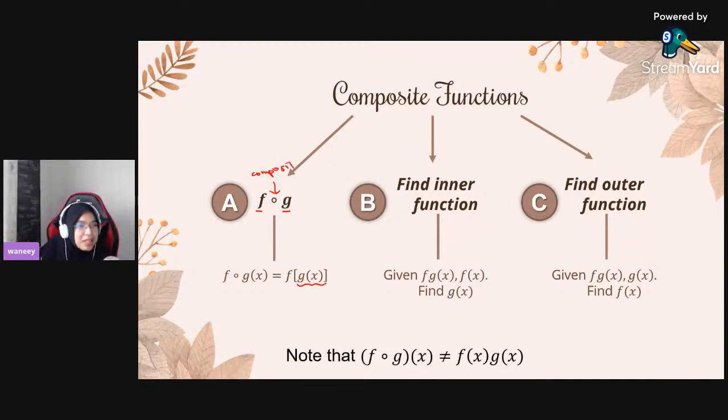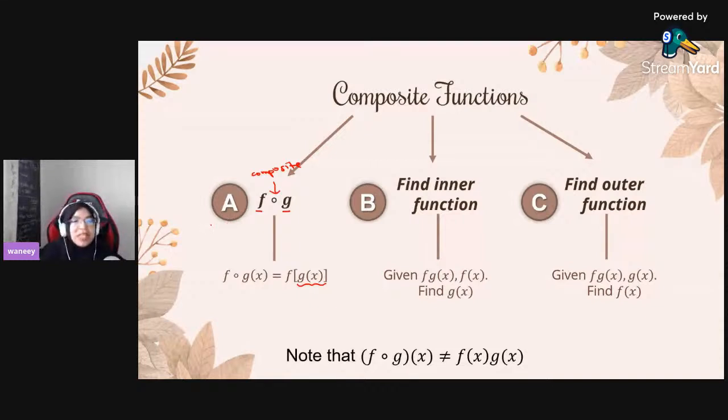The way we read them is F composite G. So you have F, you have G, and then you simply need to do F composite with G or G composite with F. So that is the first case for composite function.